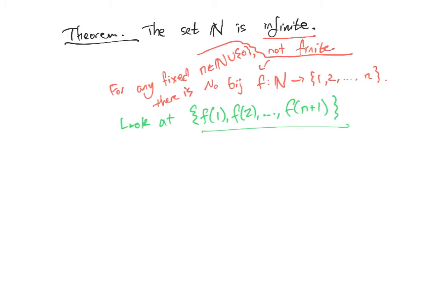There must be a repeated element in there because that's n plus 1 images. It gets a little bit annoying proving mathematical things at this level, because you kind of have to say, well, wait, what am I allowed to assume? If you're asking me to prove this, because this is so basic, what am I really allowed to assume? But I hope we agree that this should be a proof.